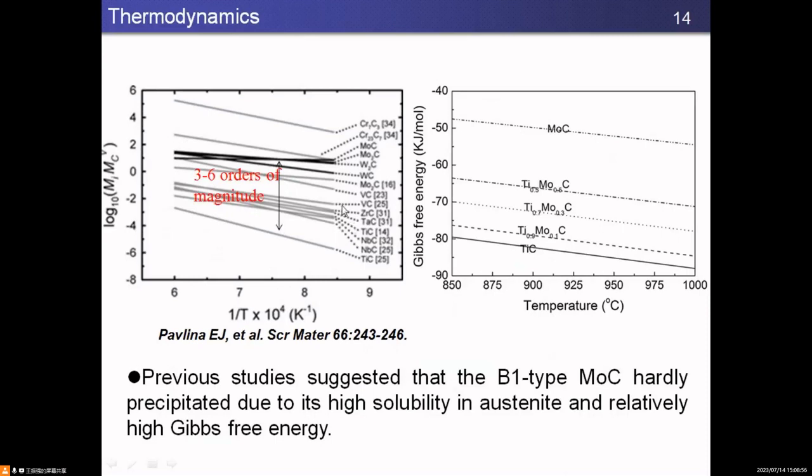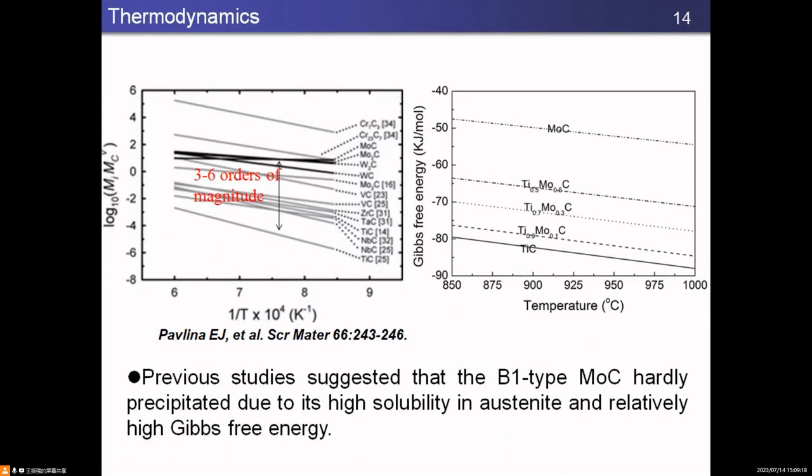So pure Mo carbide can hardly precipitate in austenite. We also calculated the driving free energy and found that it is relatively smaller for Mo carbide than for titanium carbide. These results are consistent with the general understanding.